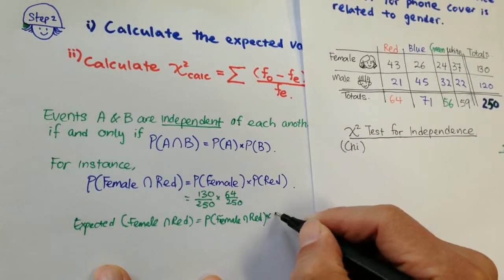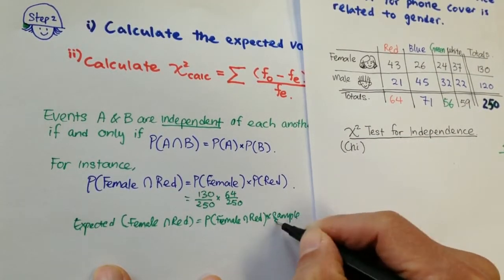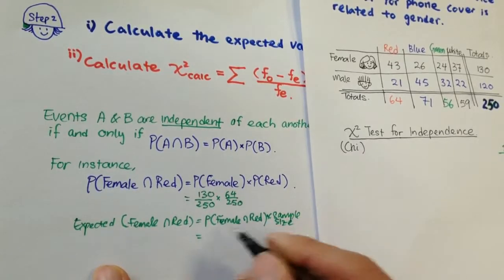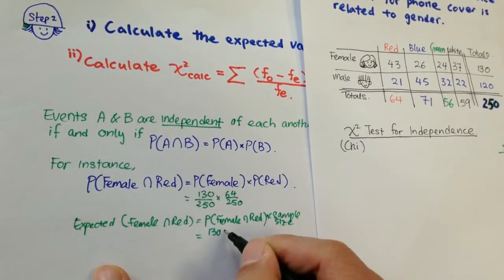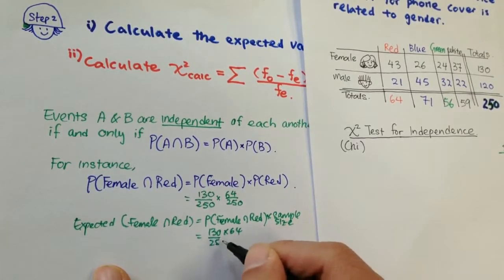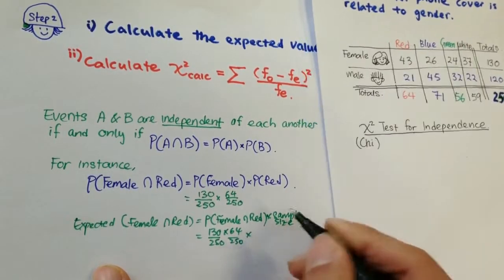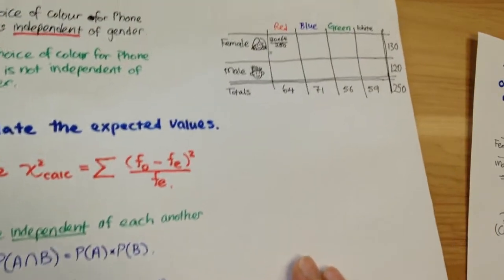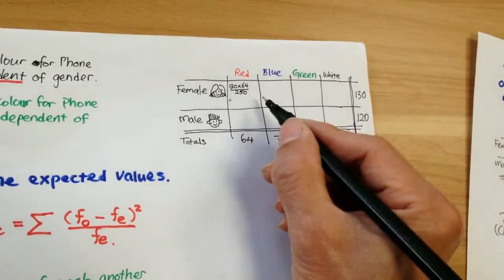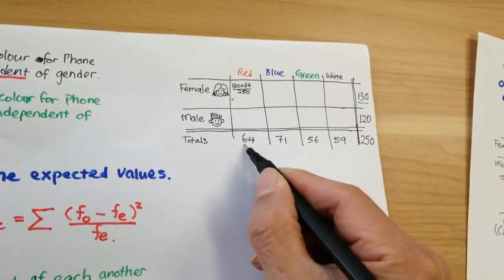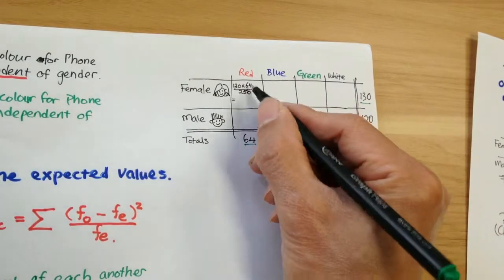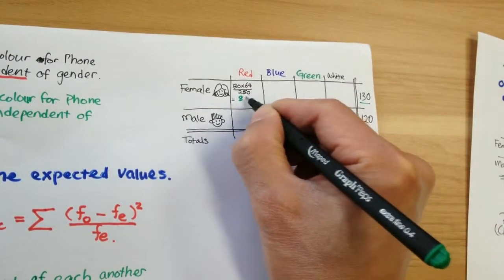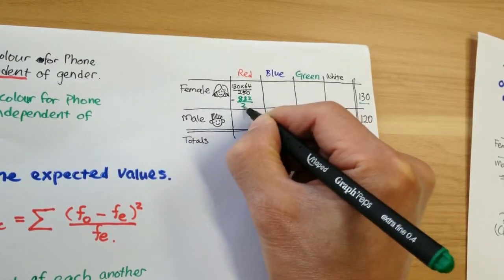The sample size here is 250, so it's 130 over 250 times 64 over 250, times the sample size 250. This is 832 over 25. So this is my expected value. Then I can rewrite it up here, in this particular box: 130 times 64 divided by 250, which simplified is 832 over 25.